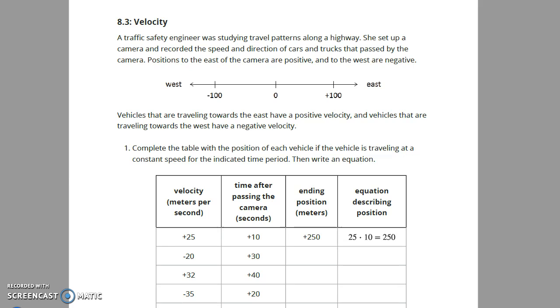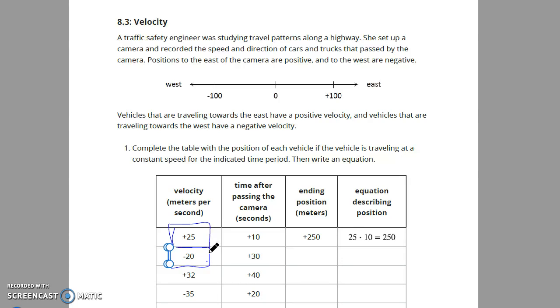Alright, now velocity. This is essentially the same thing we have just done. But remember, we're multiplying negative and positive numbers, so pay attention to those negative and positive numbers, okay? A traffic safety engineer was studying travel patterns along a highway. She set up a camera and recorded the speed and direction of cars and trucks that passed by the camera.